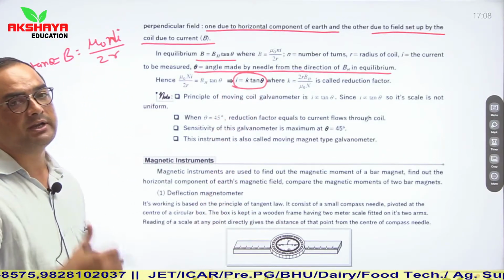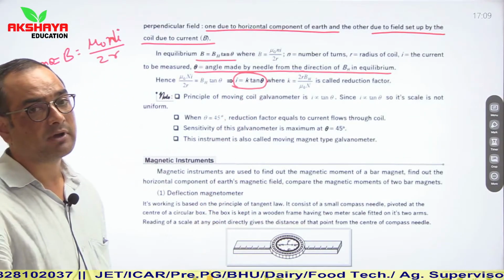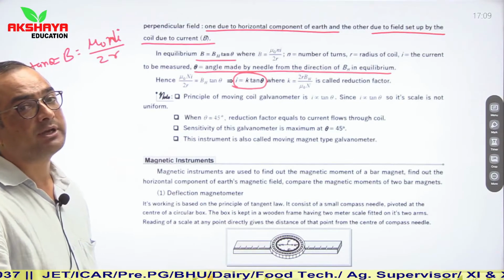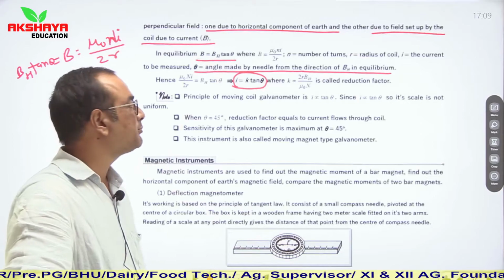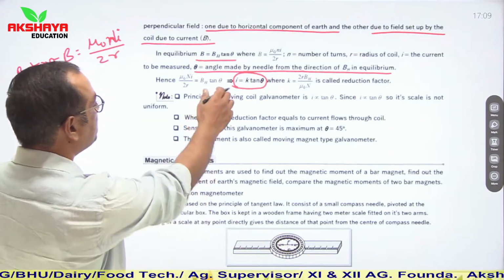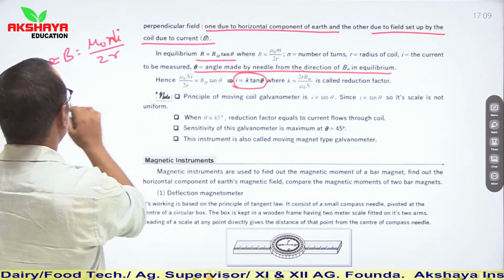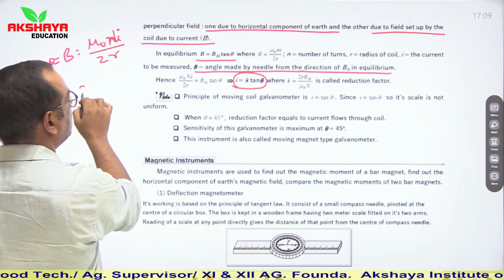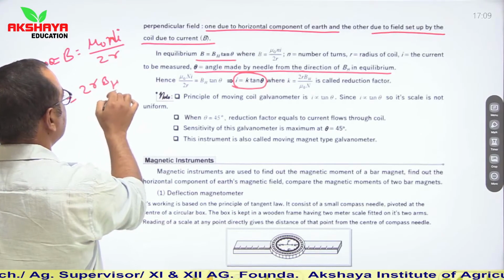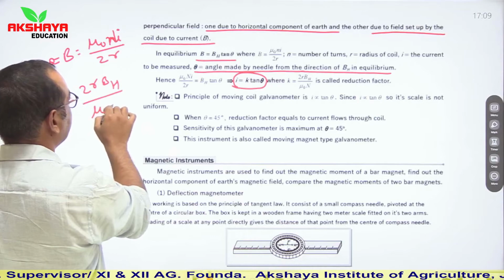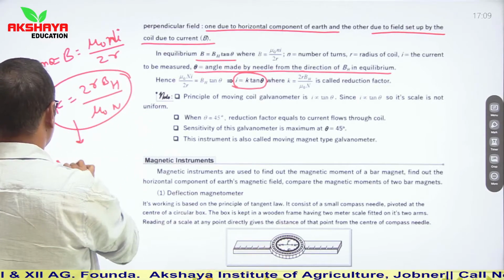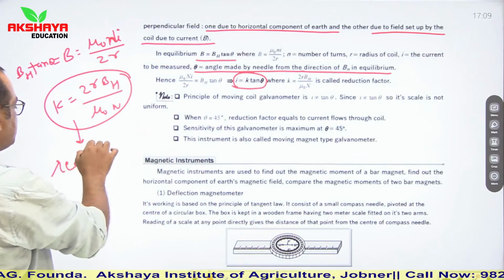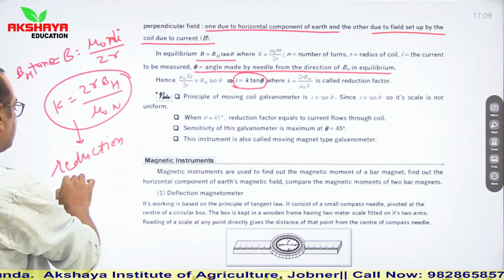We have studied in the principle of this galvanometer that current is directly proportional to deflection, meaning I is proportional to tan theta. So K is equal to 2RBH upon mu naught N. This K is known as the reduction factor.